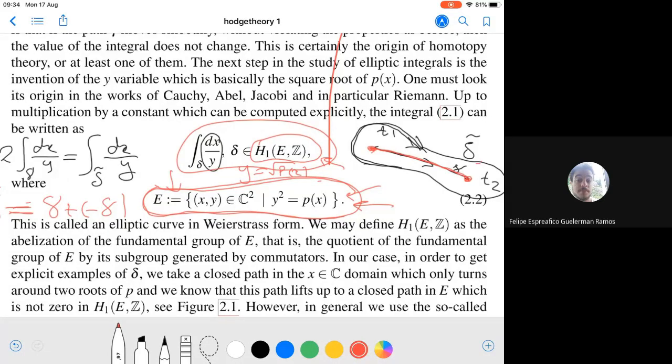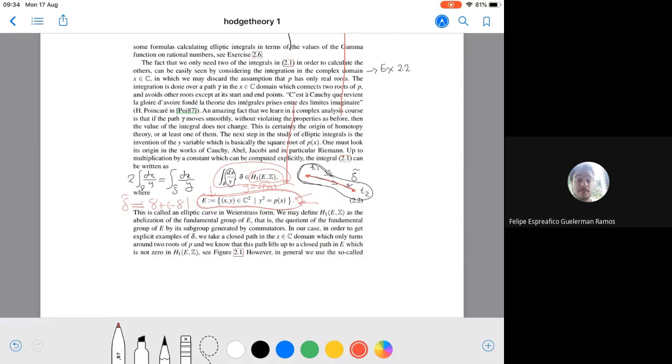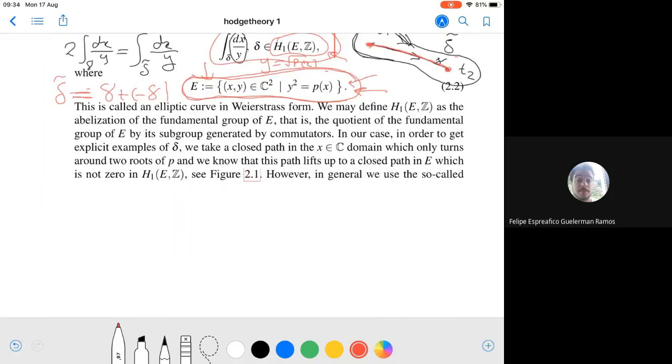But let me go a little bit further, since this is the introduction. At the end of the day, during the course, we will go to a very broad context. We will be dealing with smooth projective varieties in some projective space.